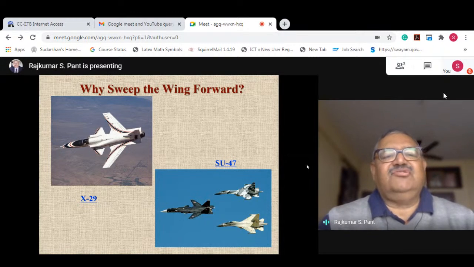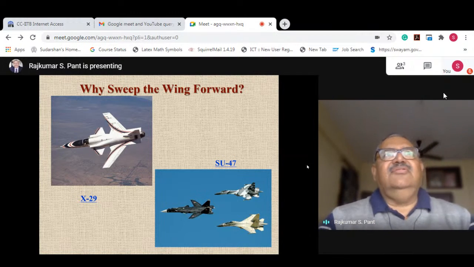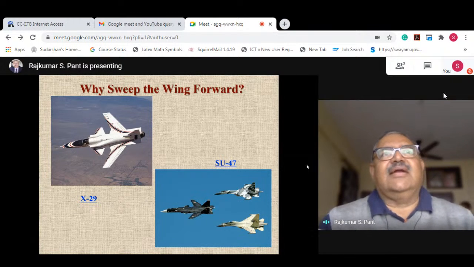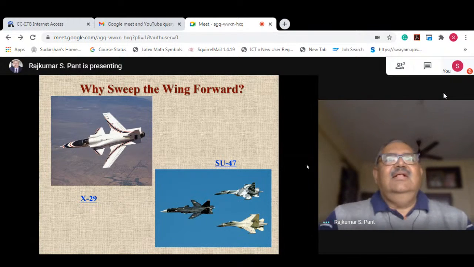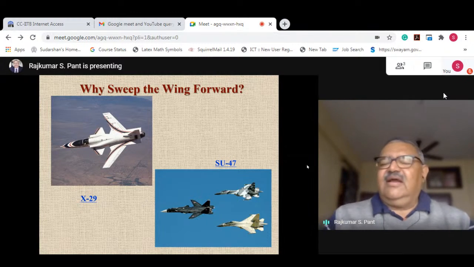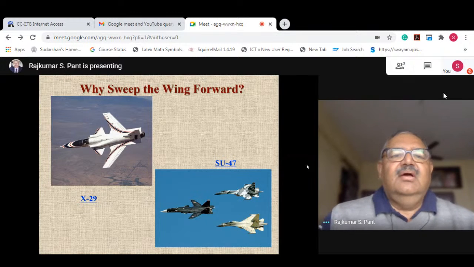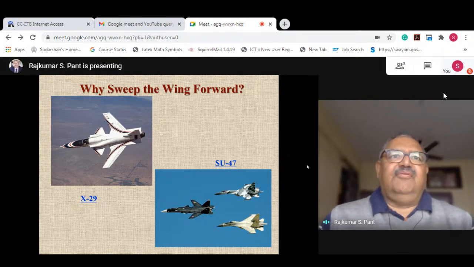It will deflect in such a way that alpha increases. So increase in angle of attack leads to increase in lift, and that increase in lift again leads to increase in angle of attack. This whole thing leads to a lot of torsion, and ultimately the torsion is so much that it's called torsional divergence, and it can tear the wing at the root because of the massive amount of torsion. This is the biggest drawback of a forward swept wing.